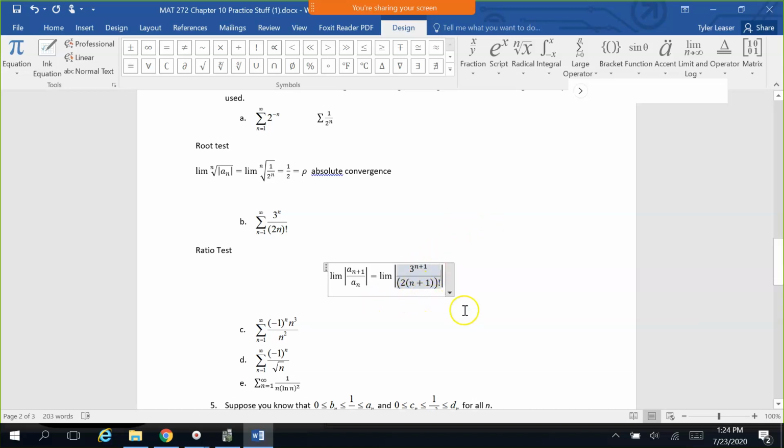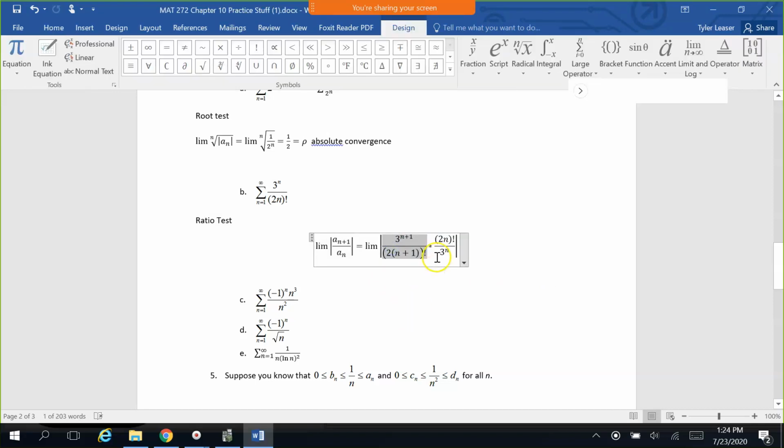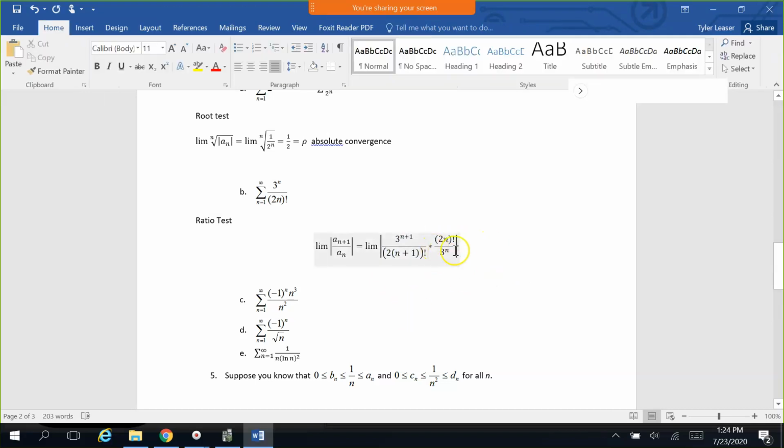So 2 times n plus 1 factorial, and I'm going to multiply that by the reciprocal of the nth term, so just 2n factorial divided by 3 to the n. All right, so again, the n plus 1 term multiplied by the reciprocal of the nth term.